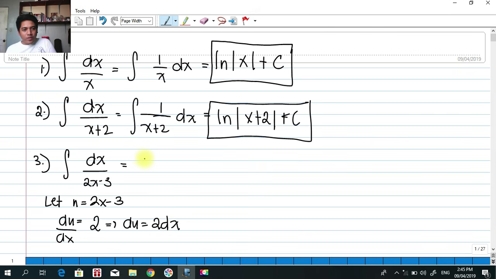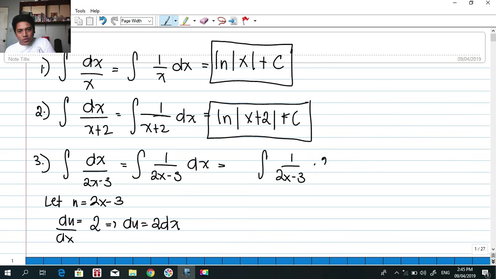So from our equation above, we can rewrite this as the integral of 1 over 2x minus 3 dx. So what we are going to do is simply substitute this by u, but our du is equal to 2 dx. So from our previous discussion, we're going to add here 1 over 2x minus 3 times 2 dx.